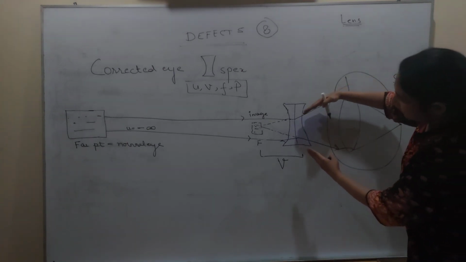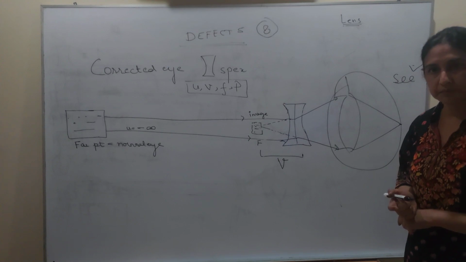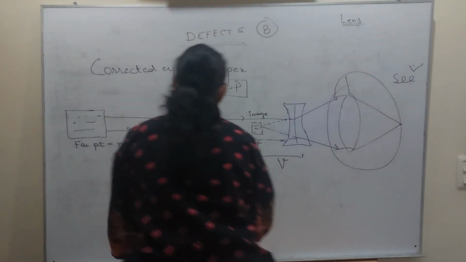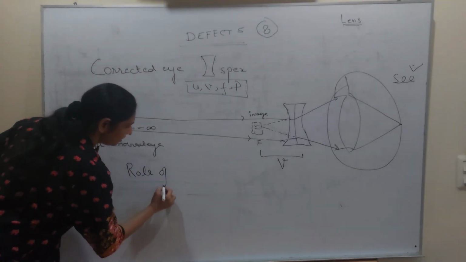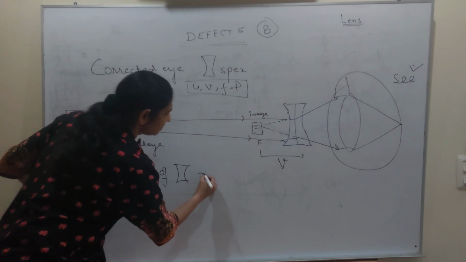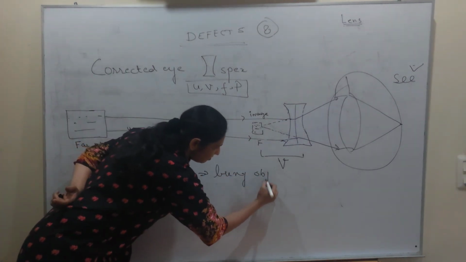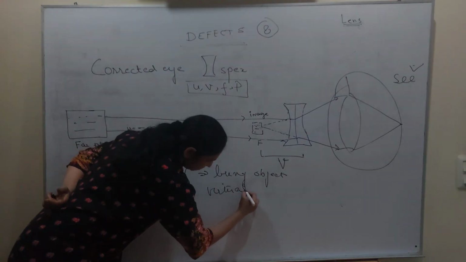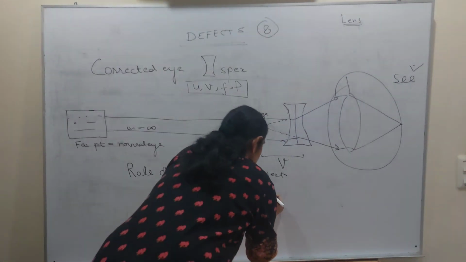Because the eye feels that the light is coming from here, and now it will be able to see it. Okay. So the role of the lens is that it brings the object virtually closer. It's not really happening, the blackboard is not coming near us.